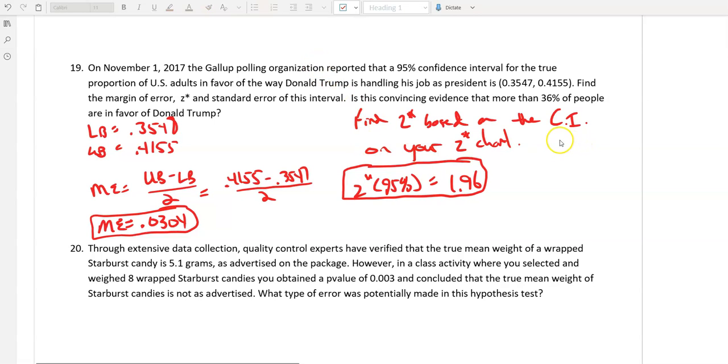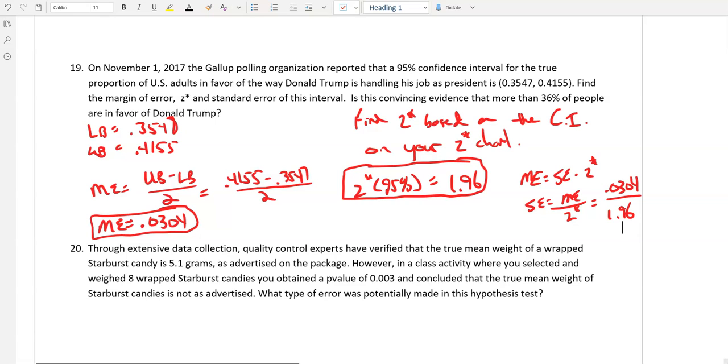And my standard error would be found like this. So margin of error is equal to standard error times Z star, which means standard error is equal to margin of error over Z star. And I'm going to use that to find it. So what is margin of error divided by Z star? So it'd be 0.0304 divided by 1.96.